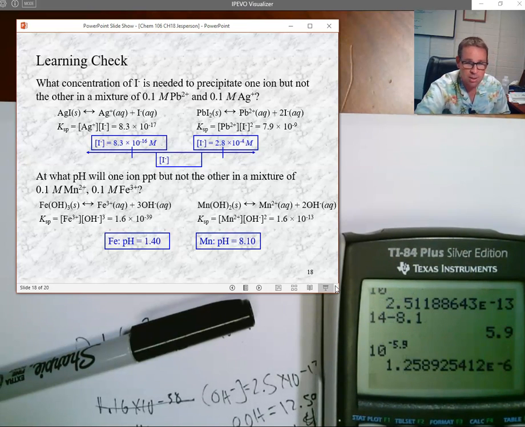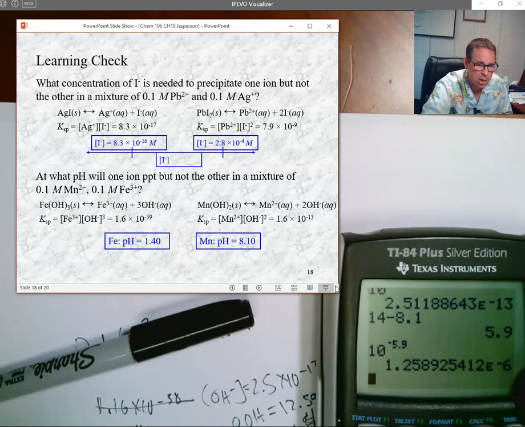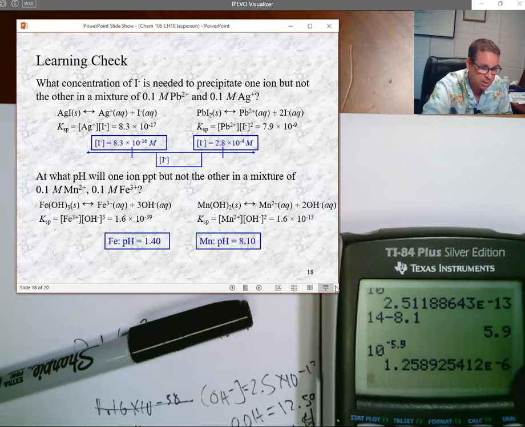That's my hydroxide ion concentration, 1.25 times 10 to the minus 6. All right. So to precipitate out the manganese, I need 1.25 times 10 to the minus 6. To precipitate out the iron, I need 2.5 times 10 to the minus 13.